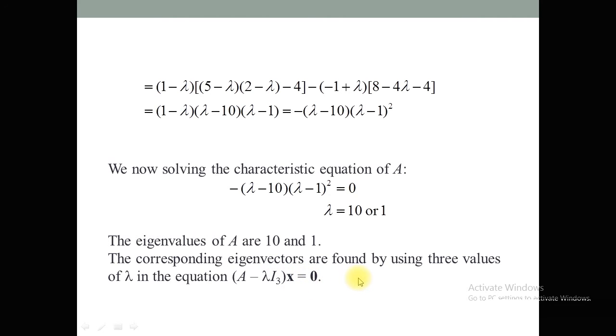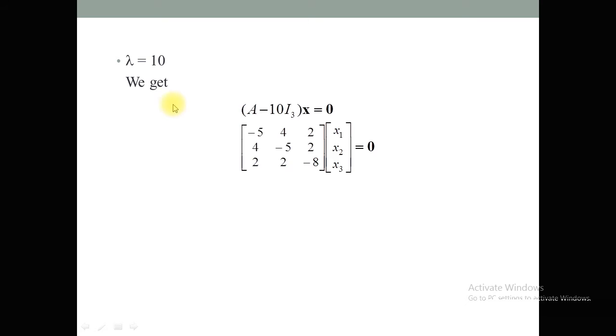And then taking the augmented matrix like you see over here, for lambda equal to 10 we obtain (A minus lambda I3) into x. So multiply 10 with the identity matrix and then subtract from the matrix A, we obtain minus 5, 4, 2; 4, minus 5, 2; 2, 2 and minus 8, and this is multiplied with the eigenvector x1, x2 and x3 is equal to 0.